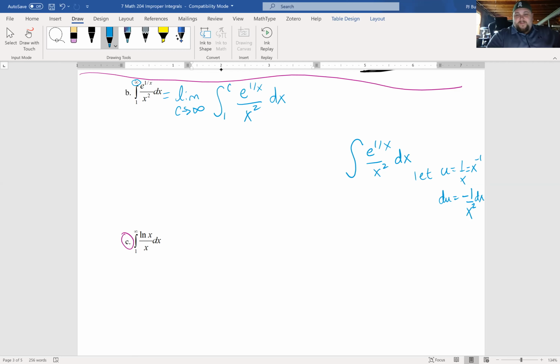We just need a negative sign. Right, I could rewrite that integral as e to the 1 over x times 1 over x squared dx. And I could introduce a negative there and put 1 out there.